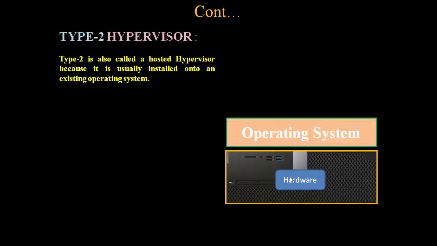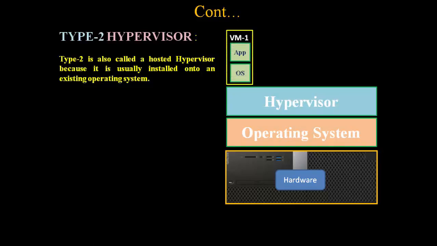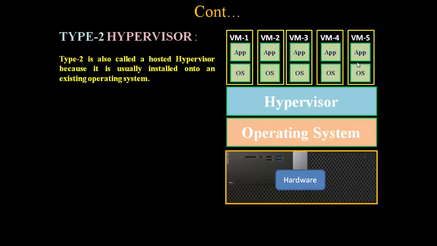On that we have to install an operating system, on that we install the hypervisor, and the hypervisor allows multiple operating systems and applications to run, and these all are known as virtual machines. So this is virtual machine 1, virtual machine 2, virtual machine 3, 4, 5, like that. So what is the difference between hypervisor 1 and 2? Hypervisor 1 has no operating system in between hypervisor and the hardware. In hypervisor 2 there is an operating system in between hypervisor and hardware.